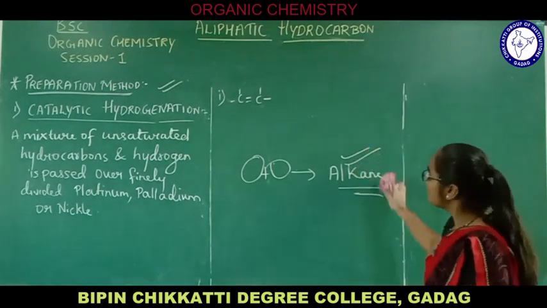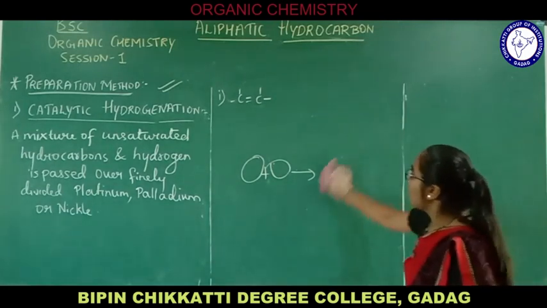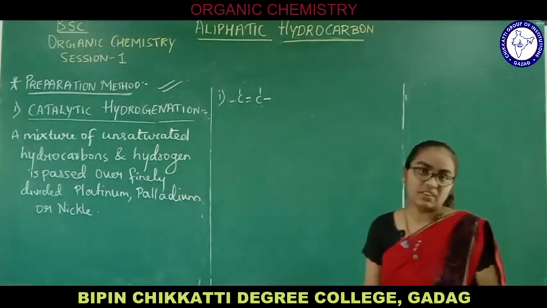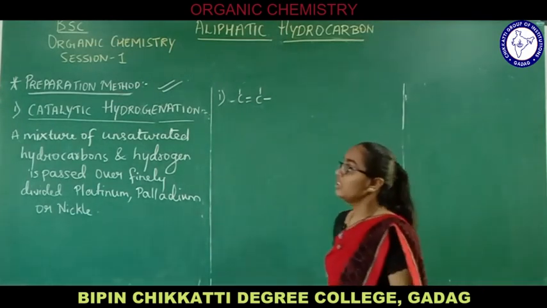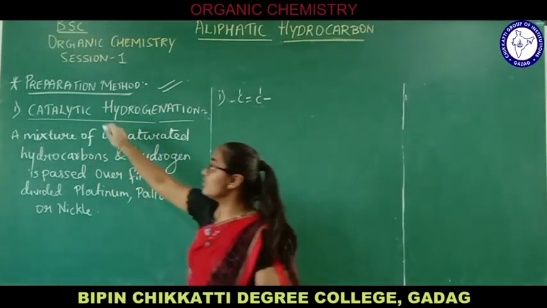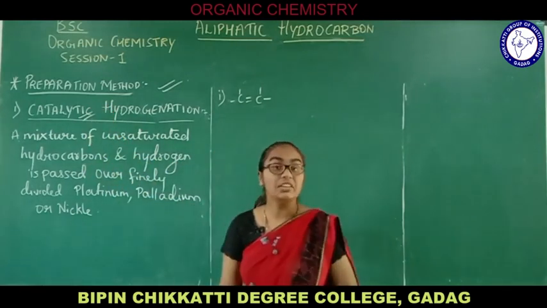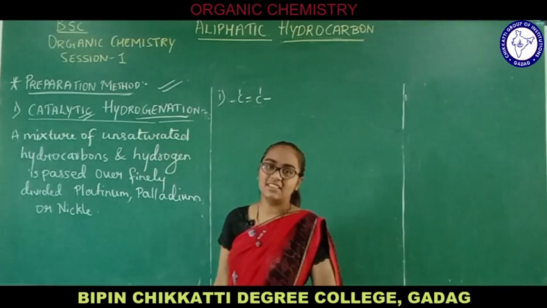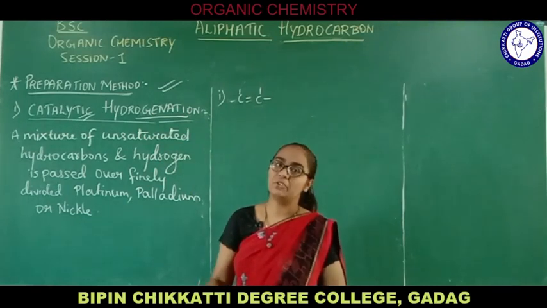Okay, now let's begin with the first process of preparation, which is catalytic hydrogenation. Now what do you understand by the word catalytic hydrogenation? Here we are going to use a catalyst, and hydrogenation means here the reduction process will take place.